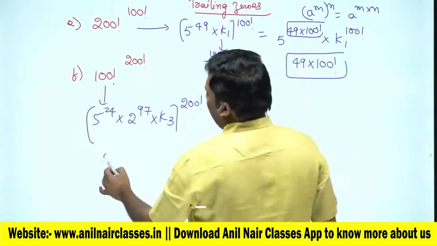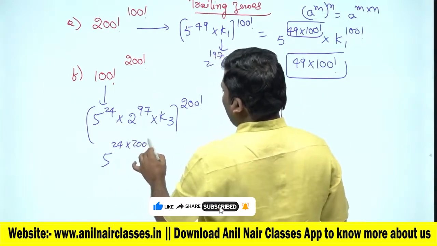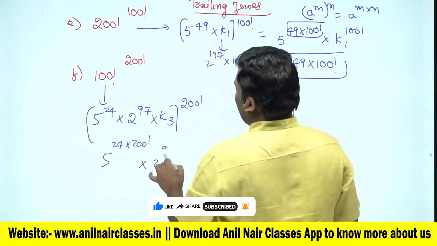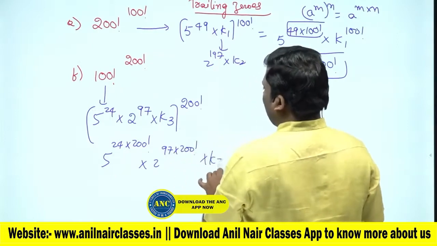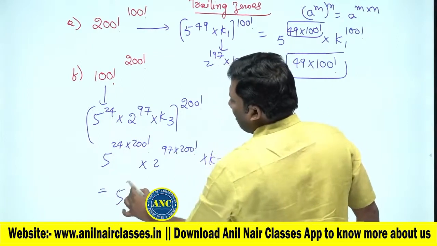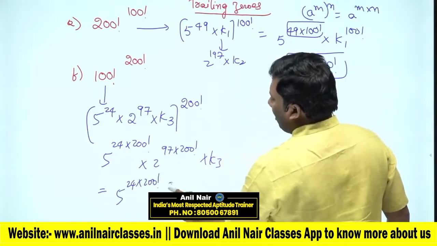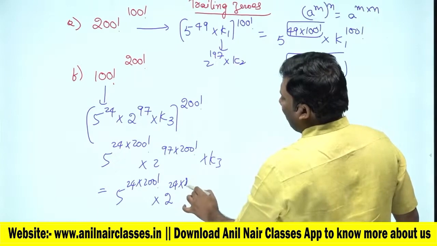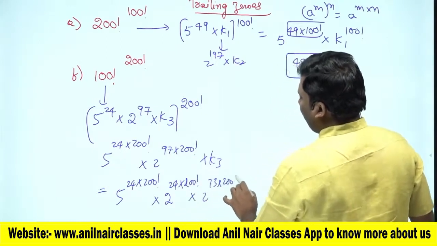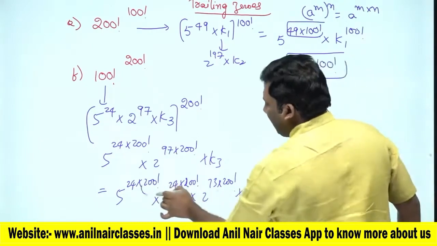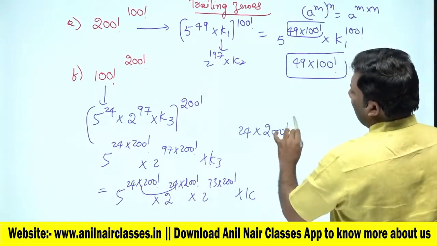So this will be 5 power 24 into 200 factorial, into 2 power 97 into 200 factorial, into some k3. This can be written as 5 power 24 into 200 factorial, 2 power 24 into 200 factorial, into 2 power 73 into 200 factorial. If I take the combination, I will get the answer 24 into 200 factorial.